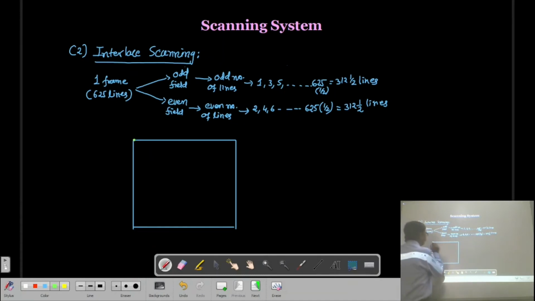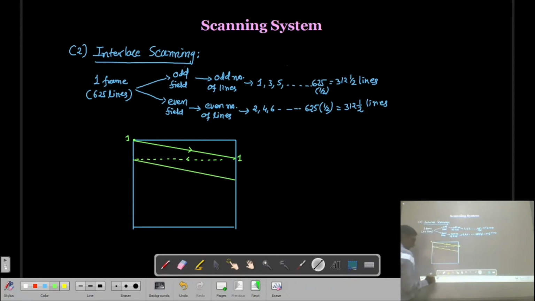Then it will trace line number 1, and then it will come back to the left hand side, and then it will trace line number 3. Remember, line number 2 is going to be skipped, because first of all it will complete the odd field.